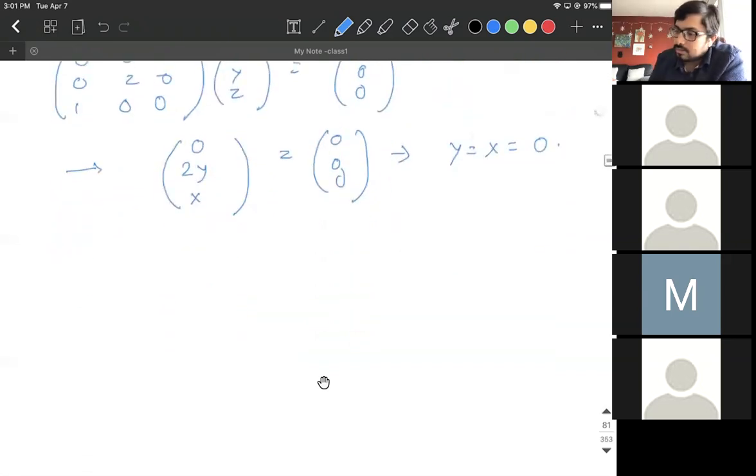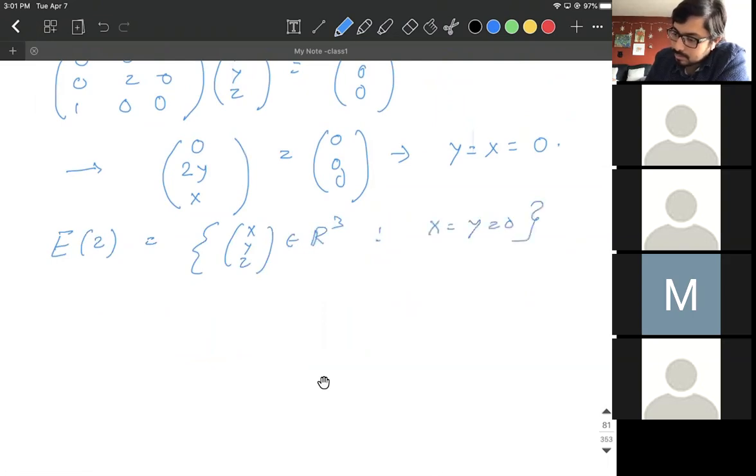Okay. And finally, what you get is that E2 is given by this set such that x and y are 0. So basically this is a span. The only non-zero component is the last one. So this is the span of (0, 0, 1).